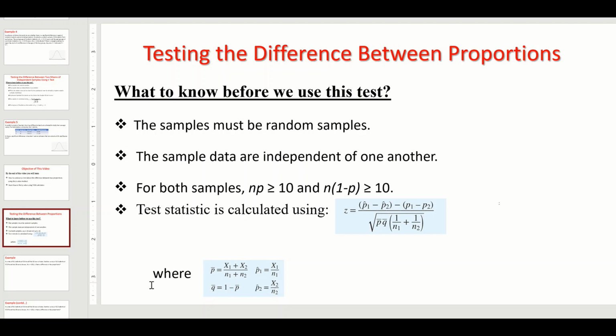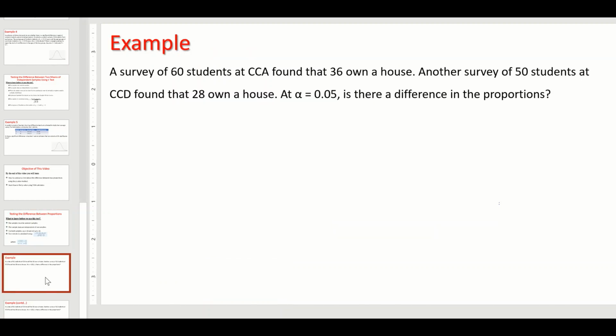Okay, let's take an example. A survey of 60 students at CCA found that 36 own a house. Another survey of 50 students at CCD found that 28 own a house. At alpha equal to 0.05, is there a difference in the proportion? Okay, let's see how we can solve this. There are two samples here.